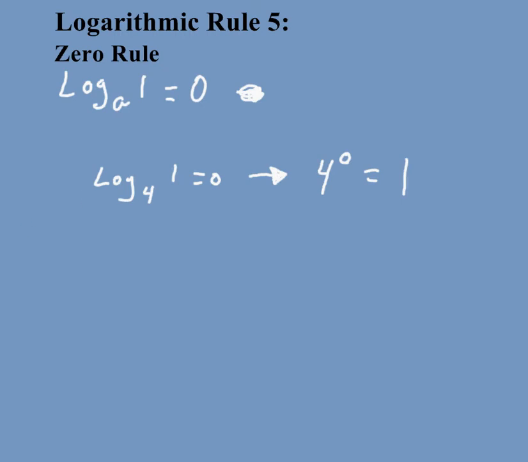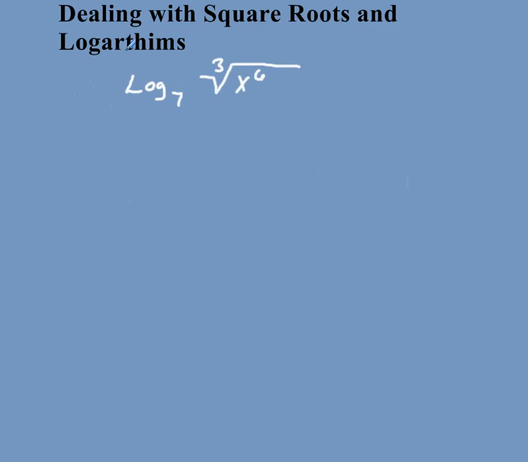Something else we need to cover in this discussion is dealing with roots and logarithms. When you've got something like log base 7 of the cube root of x to the 6th, first of all, we need to remember how to rewrite a radical like this one.